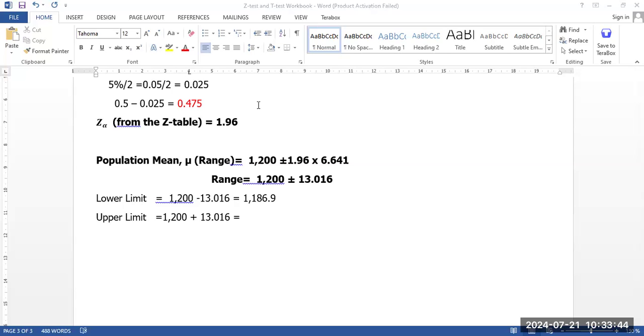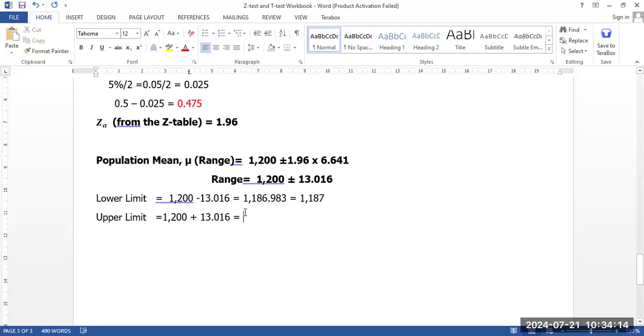Someone in the chat is saying it is 1,186.983. If you want to make it a whole number, it is approximately equal to 1187, isn't it? Remember, these are bulbs.